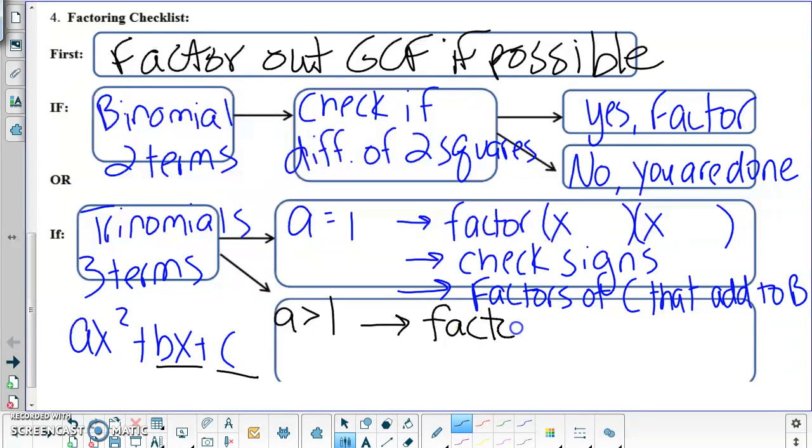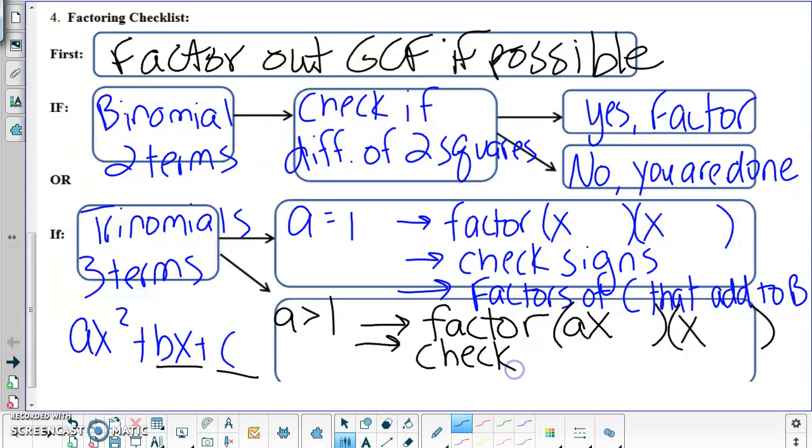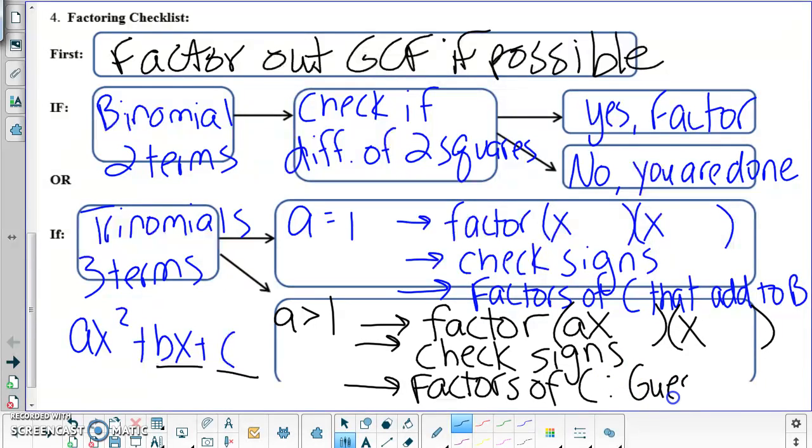When you factor it, it's going to be ax in parentheses times x. You still want to check your signs, if they're plus plus, minus minus, plus minus. You still want the factors of c, but now you just guess and check, so that your inners and outers will get you back to what you started.